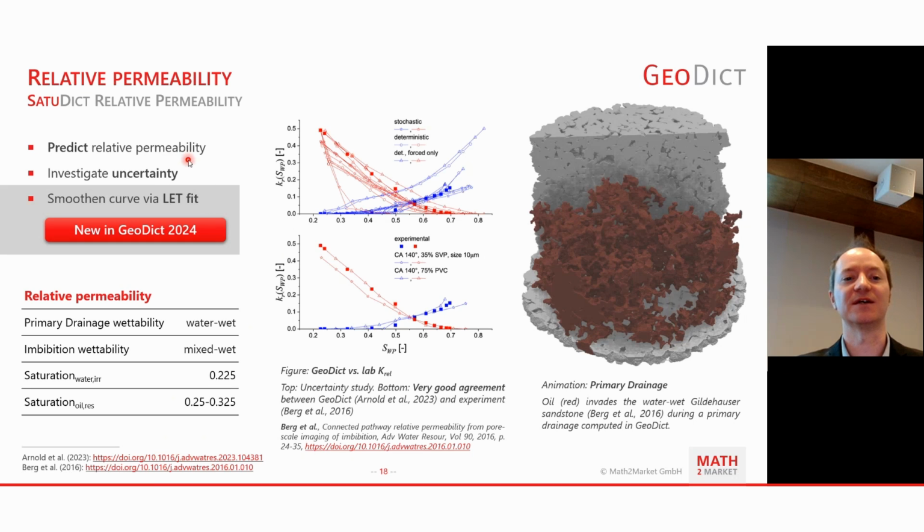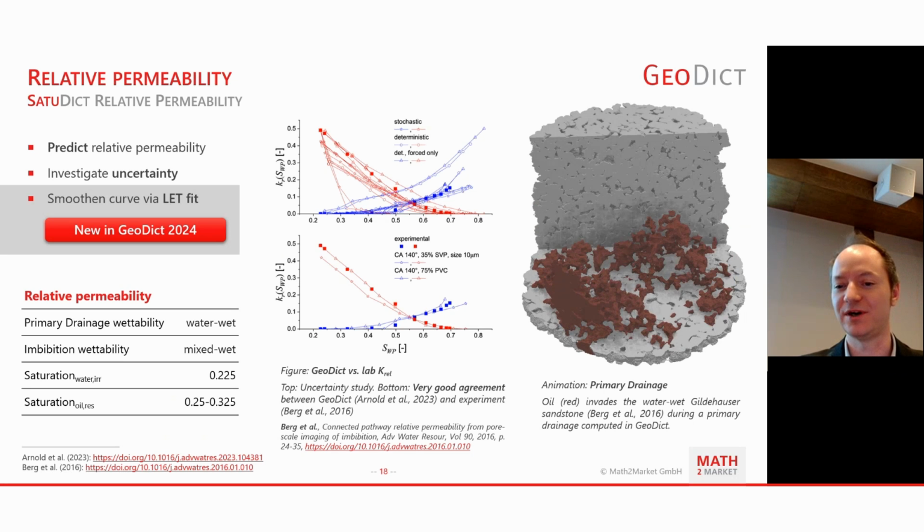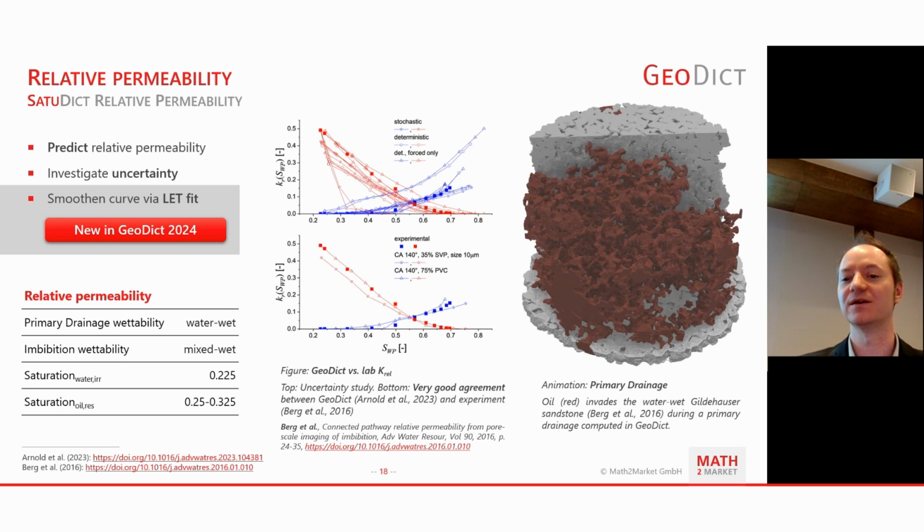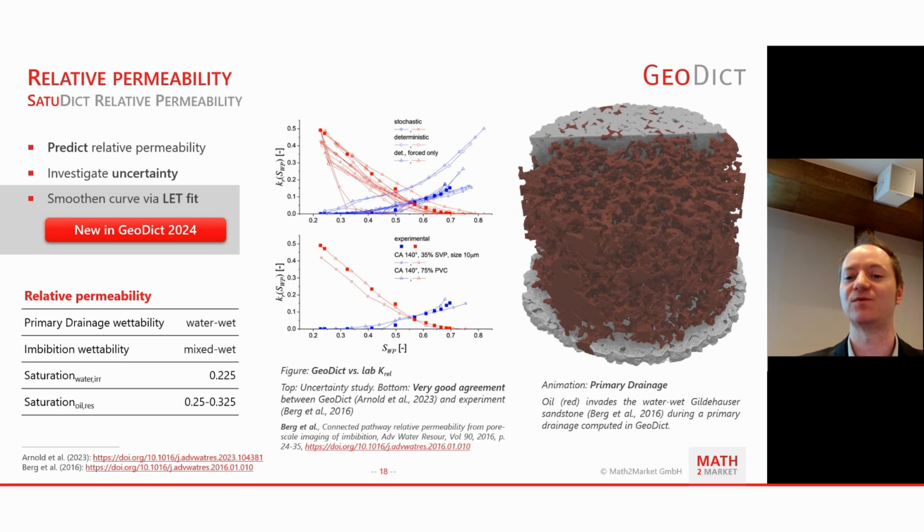You can also investigate the uncertainty by choosing different setups, if you want to try different things out. And you can smoothen the curve via an LET fit, as introduced earlier today, which is bringing me probably to this animation here showing a primary drainage. Let's assume the red is oil invading now here Gildenhauser sandstone and displacing water.